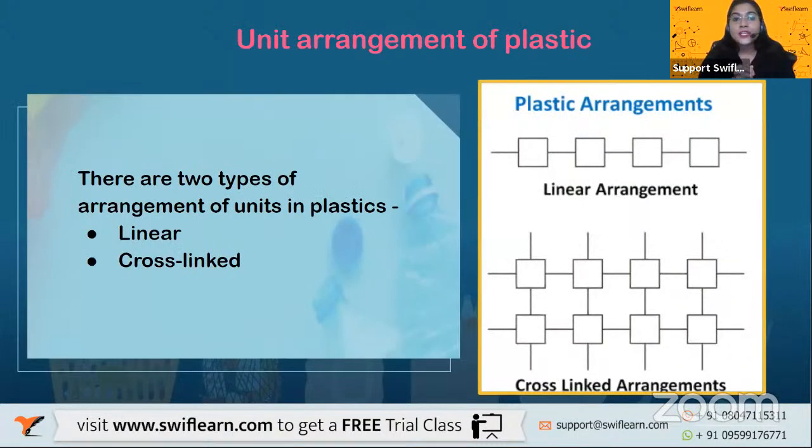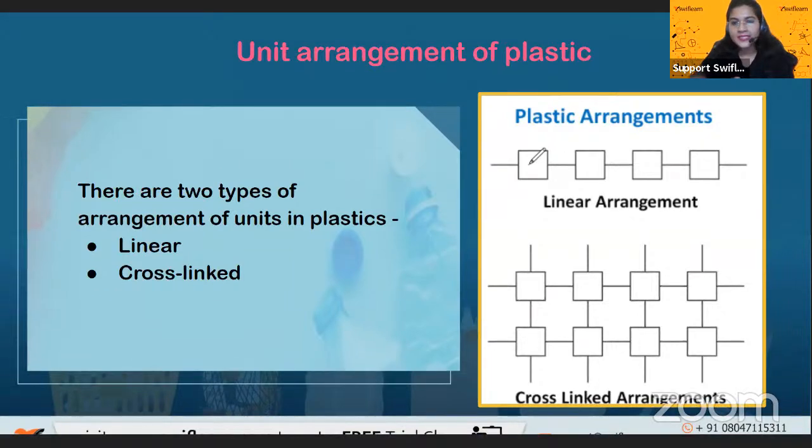Here are the two different types of arrangements which I was already telling you about in the plastic. Okay, so they are the linear one. Okay, see. Yes, can you see these?